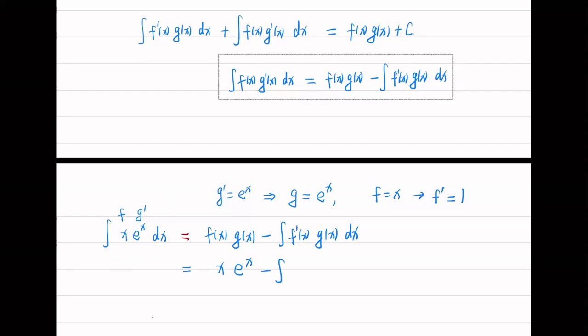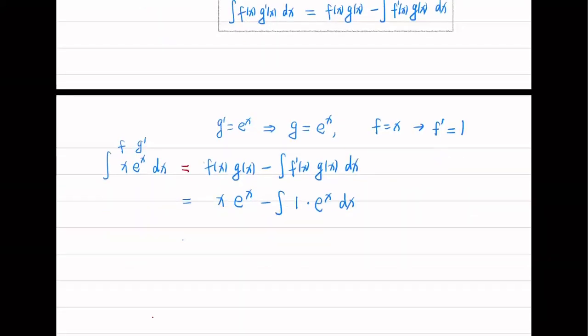Just the 1, and the g is e to the x dx. Now Zichen, what's the integral of this one? Now it's very easy. Since we are done with the integration, we put this integral constant. Okay, so we found the formula.